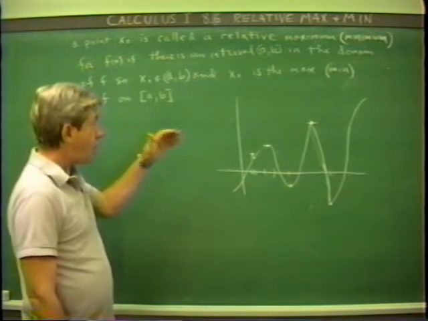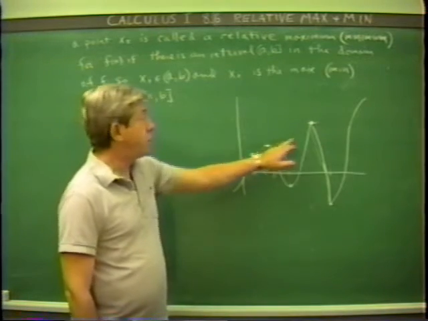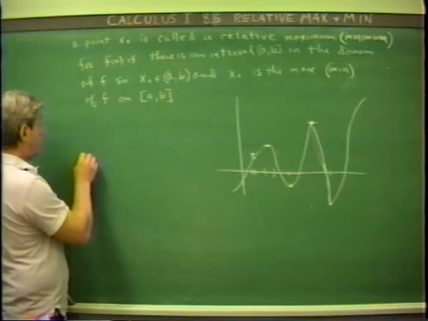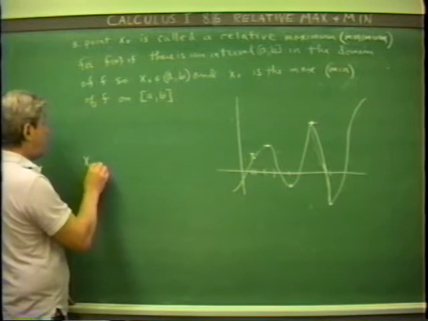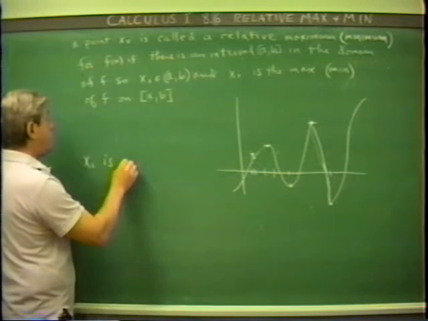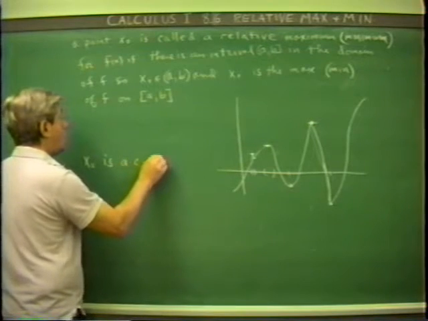Right. At any point where the function takes on its relative maximum or minimum, it must be that one of two things happens. Either the derivative is equal to 0 or the derivative does not exist. Such points where the derivative is equal to 0 or the derivative does not exist are called critical points.